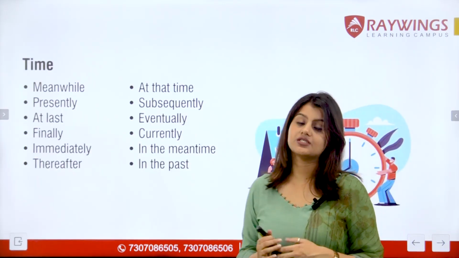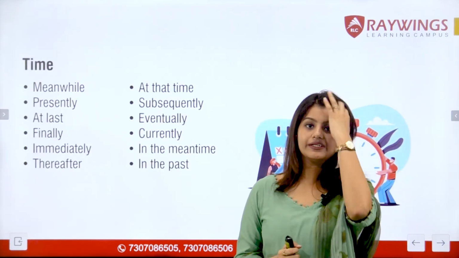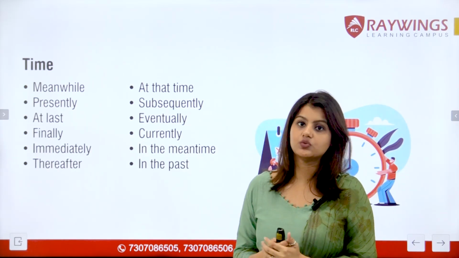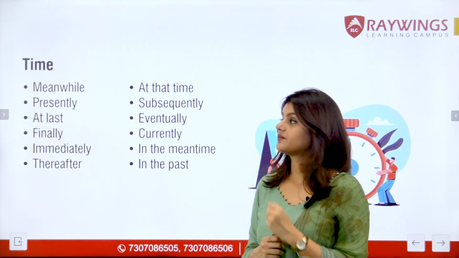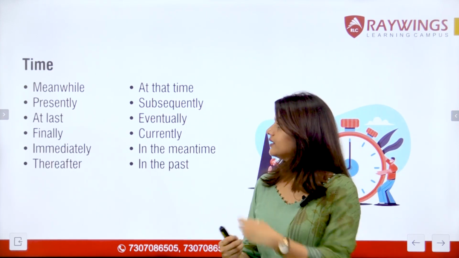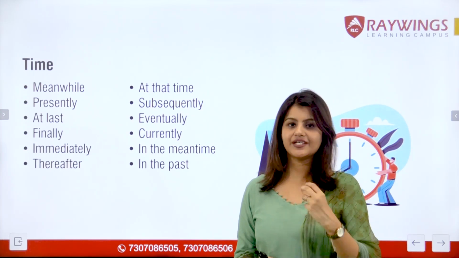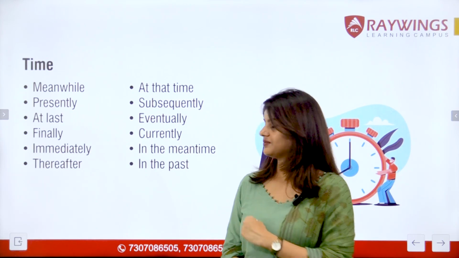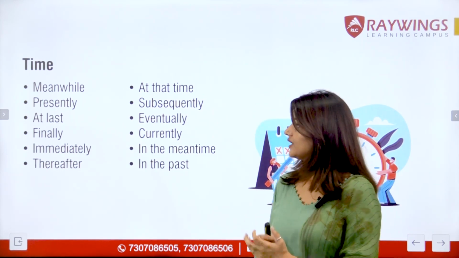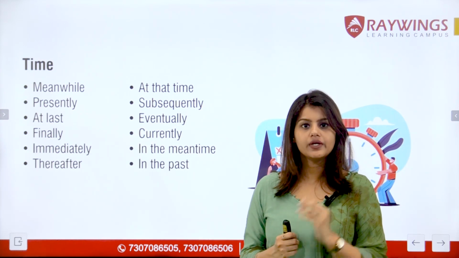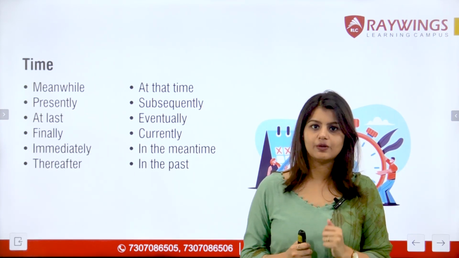Now the next is time. So जब आपको कोई टाइम से रिलेटेड वन सेंटेंस से सेकंड सेंटेंस में जाना होता है, तब हम यूज करते हैं टाइम ट्रांजिशन वर्ड्स। एग्जाम्पल, मीनवाइल, देन, प्रेजेंटली, एट लास्ट, आई वुड लाइक टू से, सो एट लास्ट यहाँ पे आपने यूज करा है, देन फाइनली, इमीडिएटली, राइट, देयर आफ्टर, as soon as I reached home, it immediately started raining.